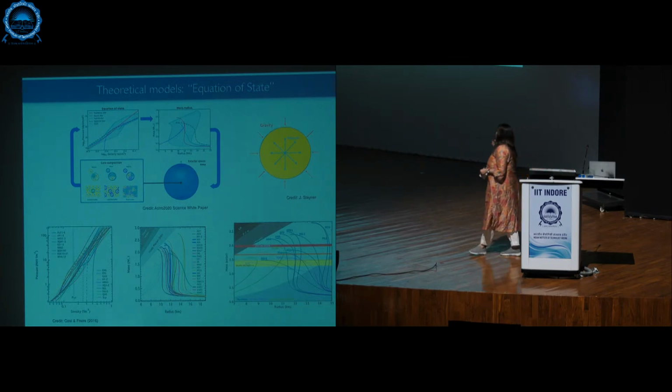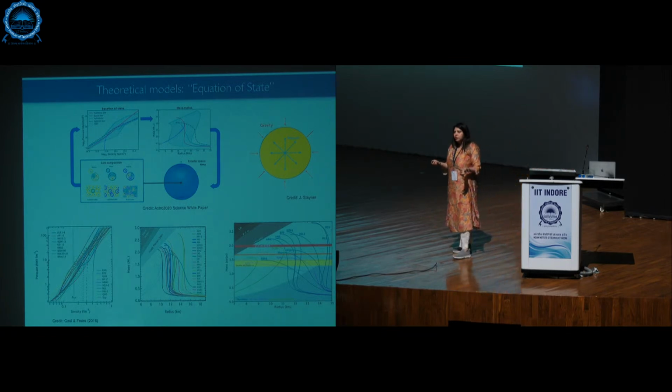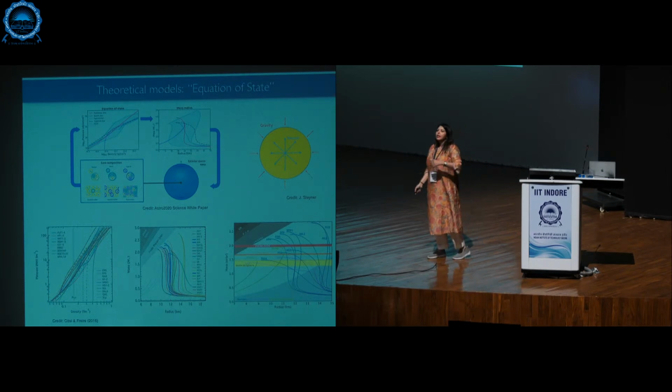For example, the most massive neutron star observed would give us a limit on which of these equations of state can explain such observations.